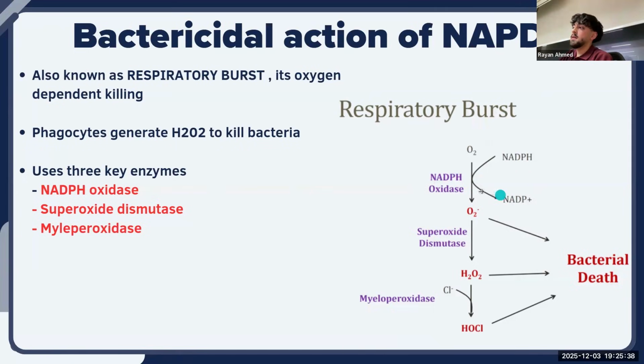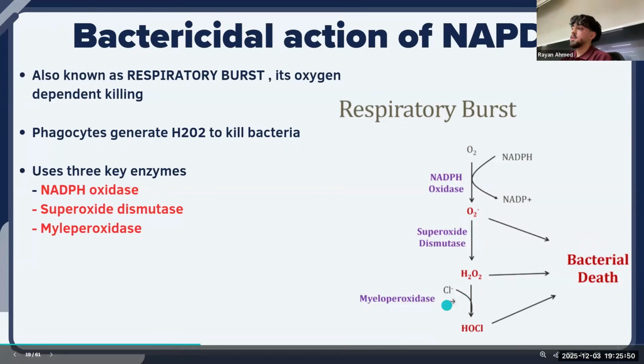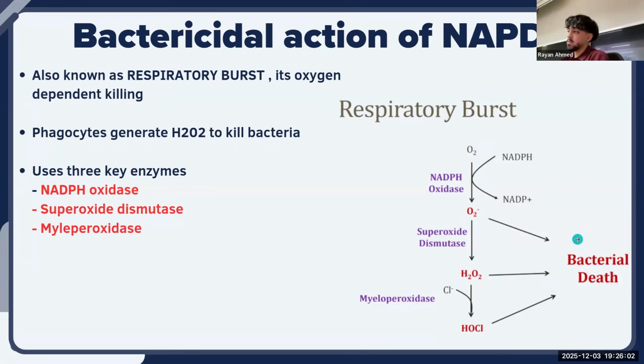Remember that, please, to make the oxygen radical right here. Then they use another enzyme, superoxide dismutase, to make hydrogen peroxide, again leading to bacterial death. And then myeloperoxidase, with the help of the chloride ion, makes HOCl, also leading to bacterial death. All these free radicals, with the help of O2, kill bacteria.